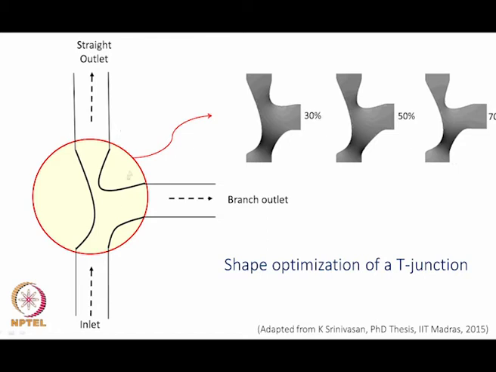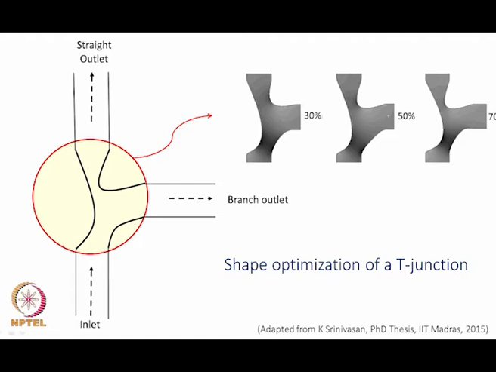it is possible using CFD to solve the equations which describe the flow through this inlet, going through this outlet and this outlet, in such a way that we can come up with a junction shape which will automatically direct the required amount of flow into the branch outlet without having any valves.